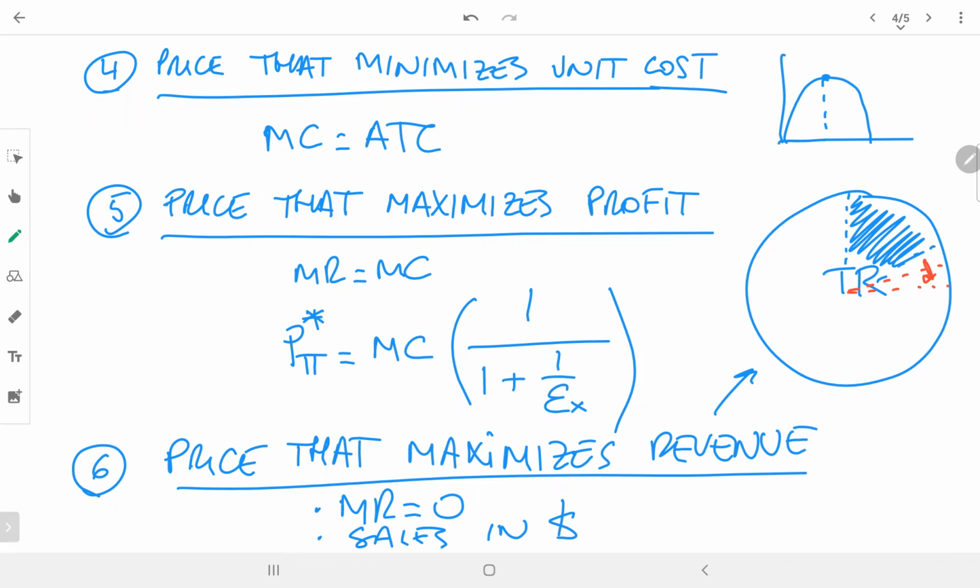We may not be maximizing our profit. We would not, as a matter of fact, but we want to make our size of the pie as large as possible in dollars, not in units, okay? That's the price that maximizes revenue. All righty.